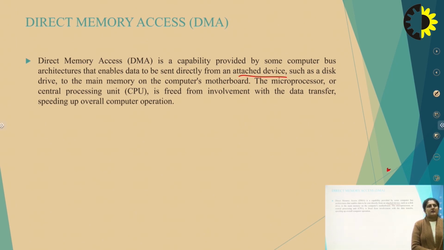The microprocessor or the CPU is freed from involvement with the data transfer, speeding up overall computer operations. As the name says, direct memory access, it will directly communicate with the memory without the involvement of CPU.